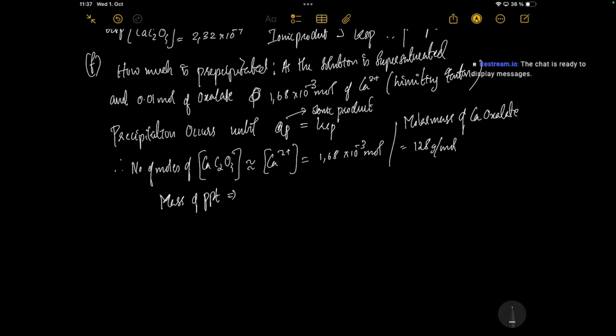Given mass by molar mass. 0.215 grams. That's the amount of precipitate.